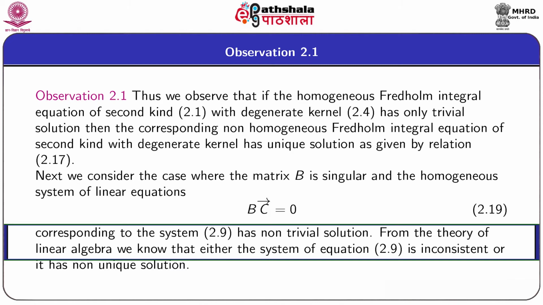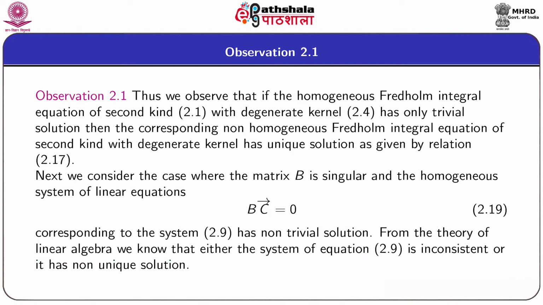Now, from the theory of linear algebra, we know that either the system of linear equations given by equation 2.9 is inconsistent, that means it does not have any solution, or it has got non-unique solutions.